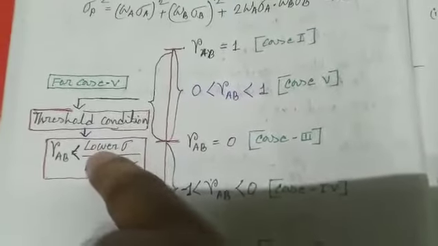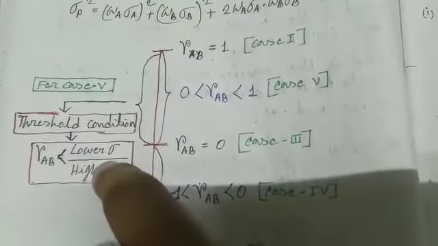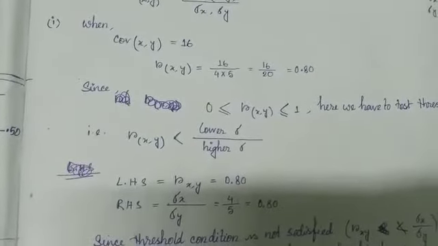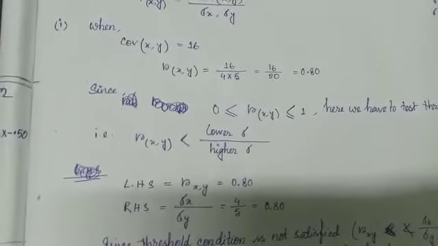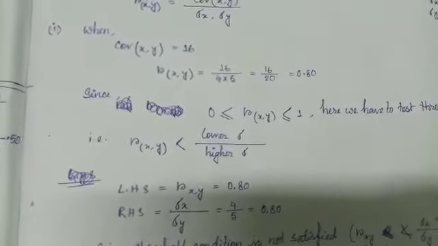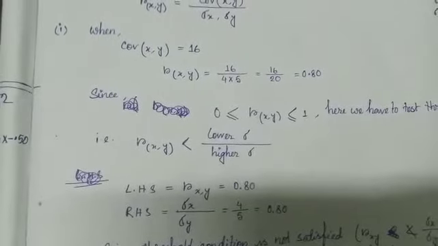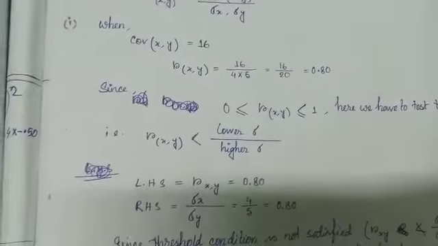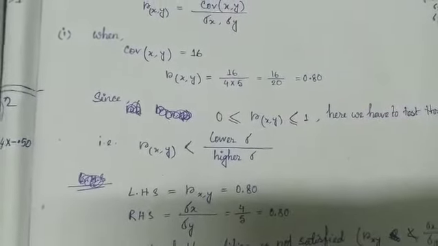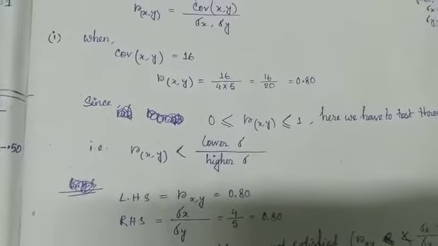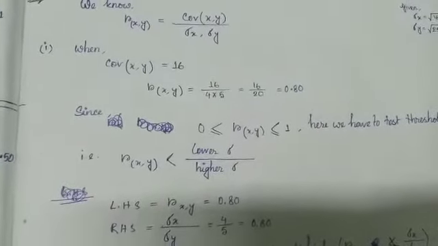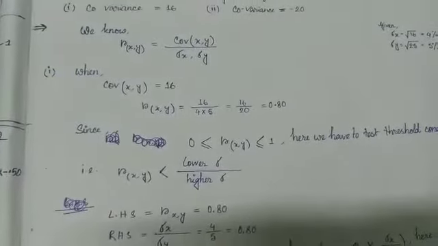The threshold condition is that Rxy should be less than lower sigma by higher sigma. This is to be tested, whether Rxy is less than lower sigma divided by higher sigma or not. If Rxy is less than lower sigma by higher sigma, then the threshold condition is satisfied and there will be diversification benefit. But if this threshold condition is not satisfied, then there will be no diversification benefit.